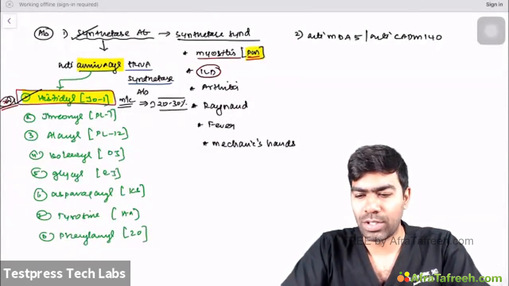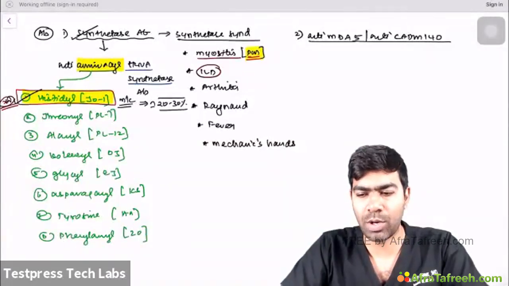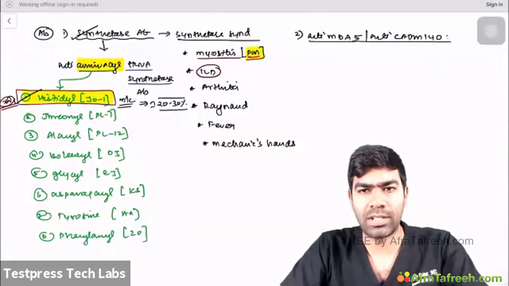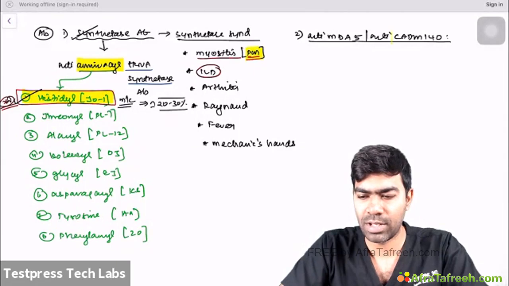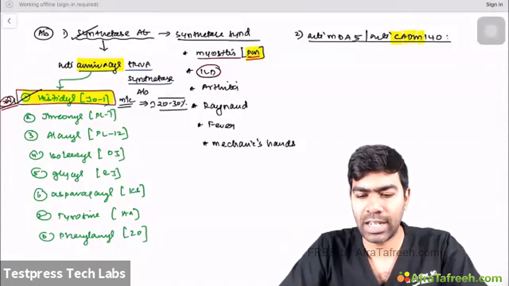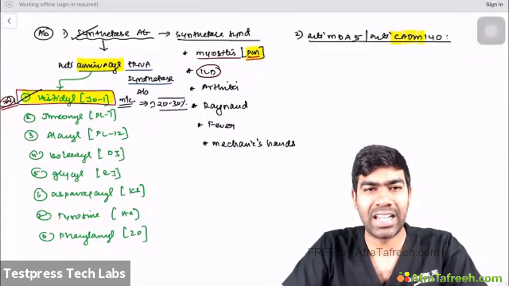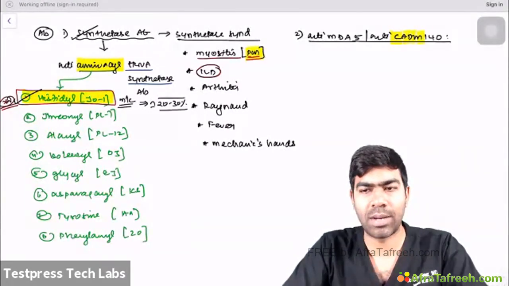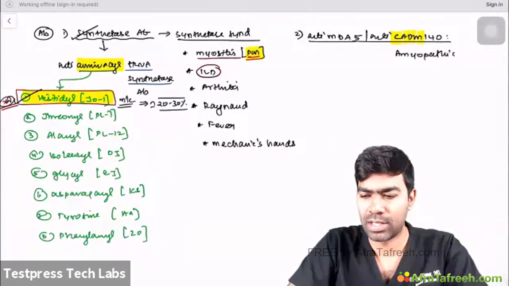Okay, so then we have something called an anti-MDA5 or anti-CADM 140 antibody. The name itself is telling. Both are the same antibody, only different names. CADM stands for clinically amyopathic dermatomyositis. Why is it called amyopathic dermatomyositis?